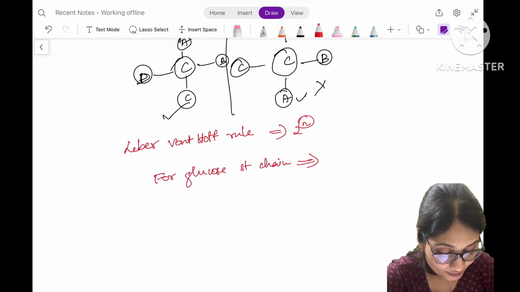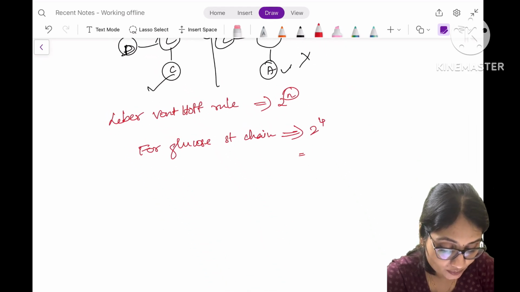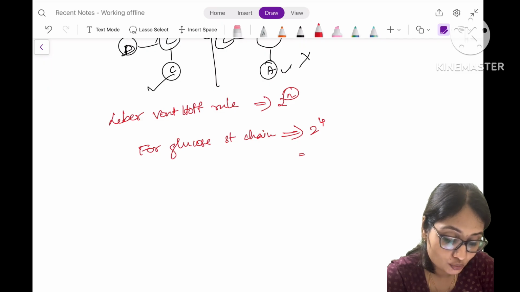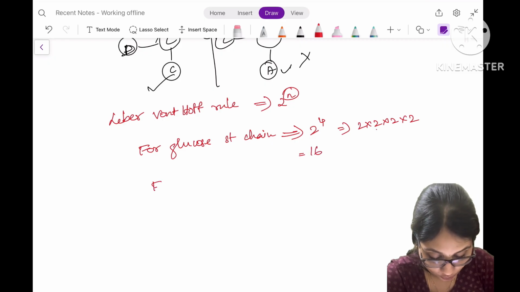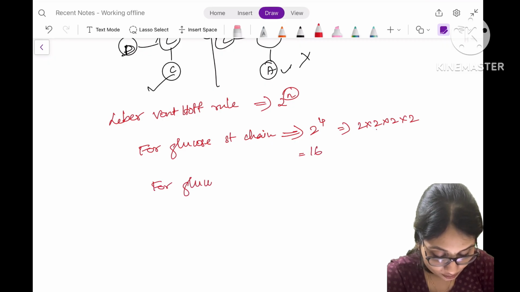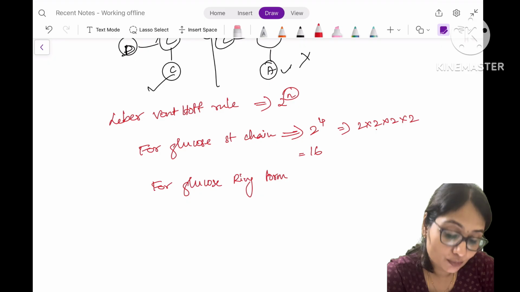So the number of isomers would be 2 power 4, which is 2 into 2 into 2 into 2. 2 2s are 4, 4 2s are 8, 8 2s are 16. So 16. For glucose in ring form, what was the number of chiral carbons?